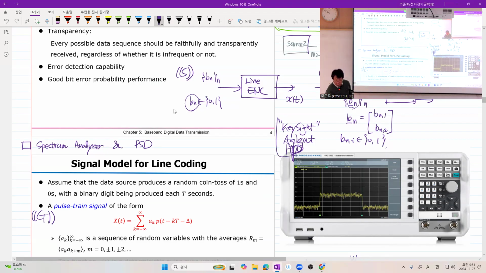So this is one company. And another one is Rohde & Schwarz. Of course, there are many other good companies generating high quality spectrum analyzers or sampling oscilloscopes. Some company names are Rigol, or there are many other companies. Probably you never knew if I did not say that.